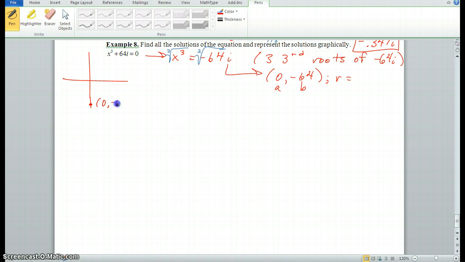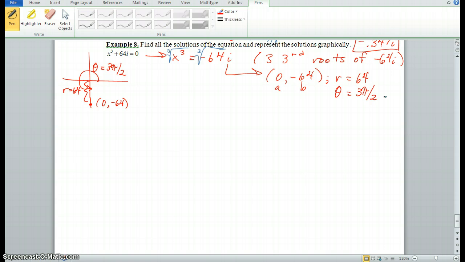So we can easily distinguish, I would hope, that the R value is 64. Could we still use the square root of a squared plus b squared? Of course, but looking at it does make perfect sense as well. So R is 64. And speaking of things that make perfect sense, looking at the graph, theta is easily identifiable. Theta is 3 pi over 2.